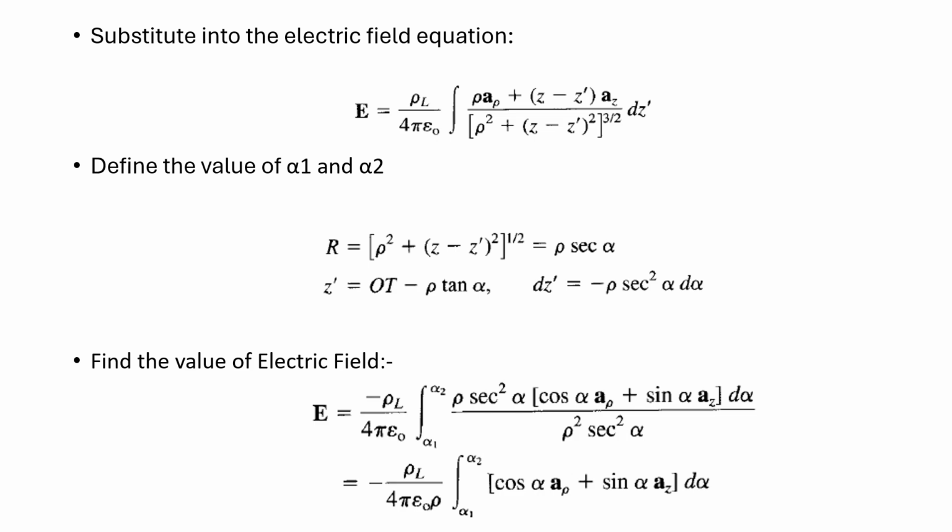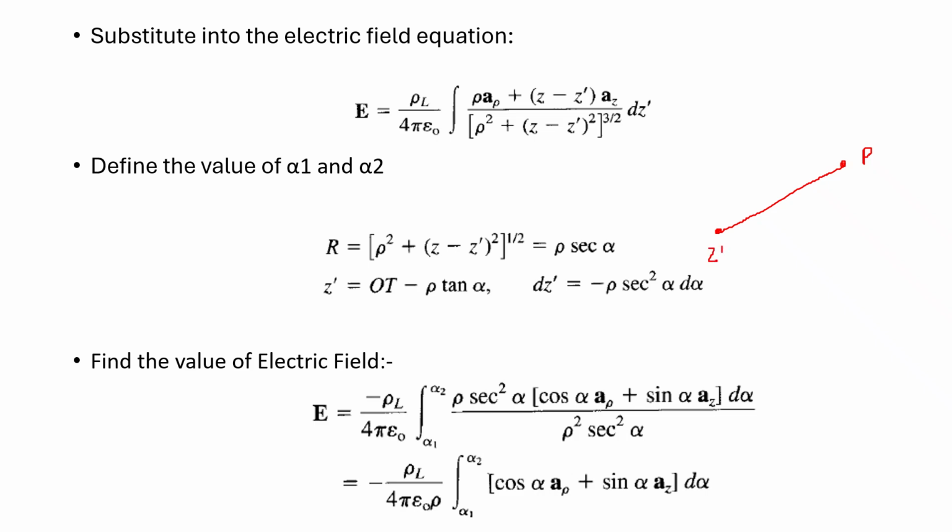Then you try to solve to include the angle, because right now we have differences in terms of the angles alpha 1 and alpha 2. So we recall the figure. We have the position from the center of the cylinder going to point P, let's say from this z prime.